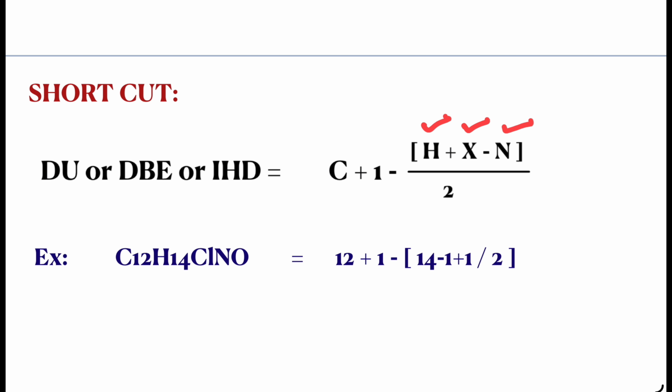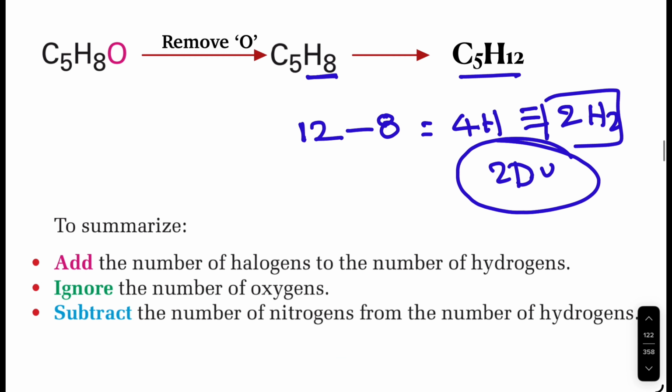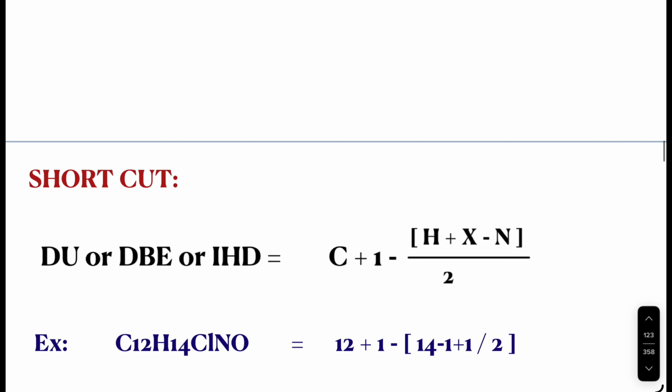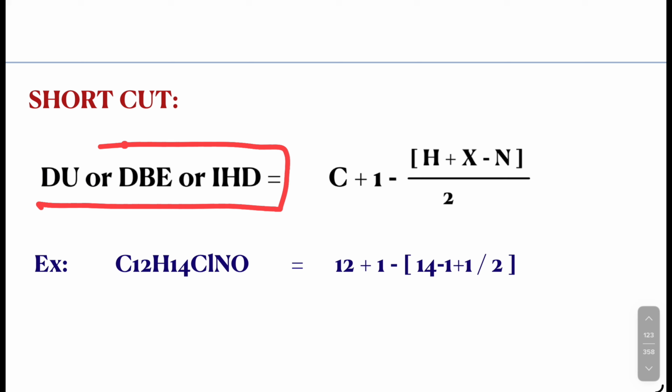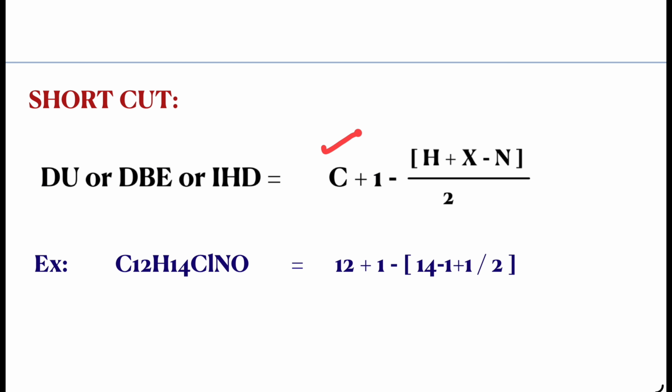Ultimately pairs are counted, therefore divide by 2. So instead of following this procedure, you just use this shortcut: number of carbon atoms plus 1, minus (number of hydrogen atoms plus number of halogen atoms minus number of nitrogen atoms) divided by 2. If you apply this, straight away you will get the degree of unsaturation.